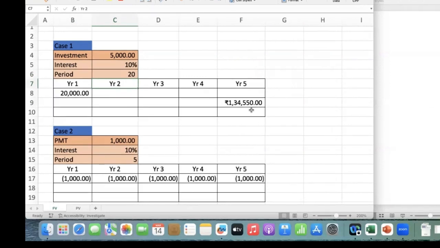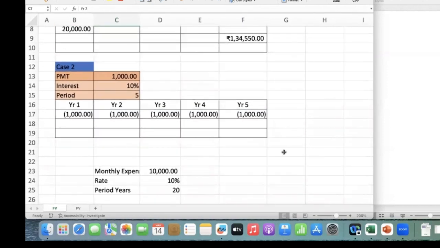This means that when you retire, your expenses per month will become 1,34,550. Similarly, you can take all your expenses, your medical expenses per month or per year, your food expenses, everything, and you can try to understand when you retire, what is the minimum amount that you should expect as a retirement corpus.